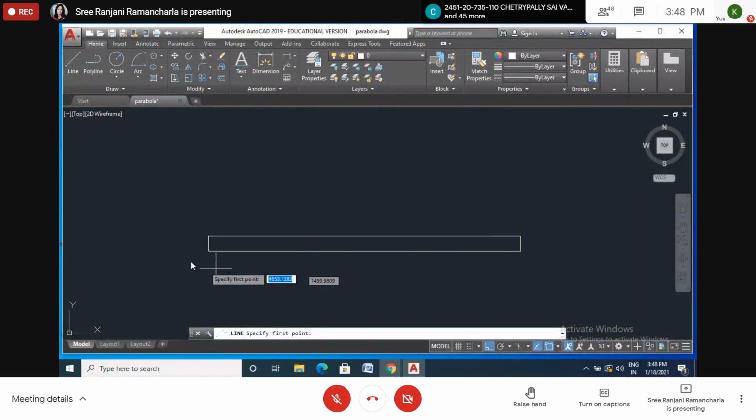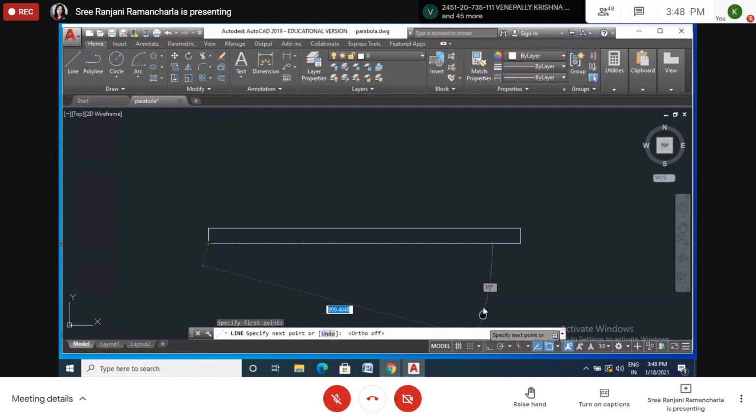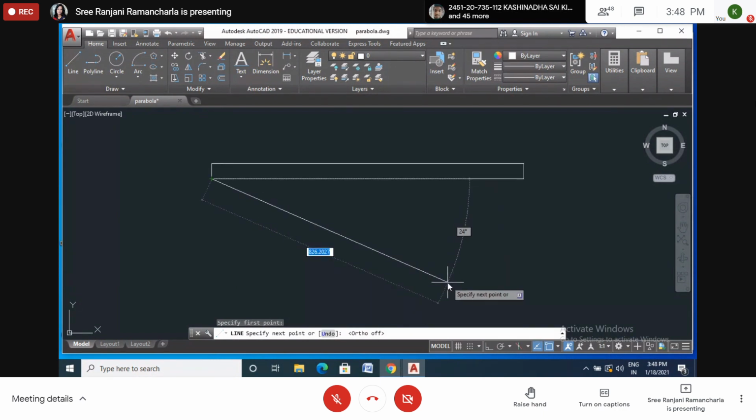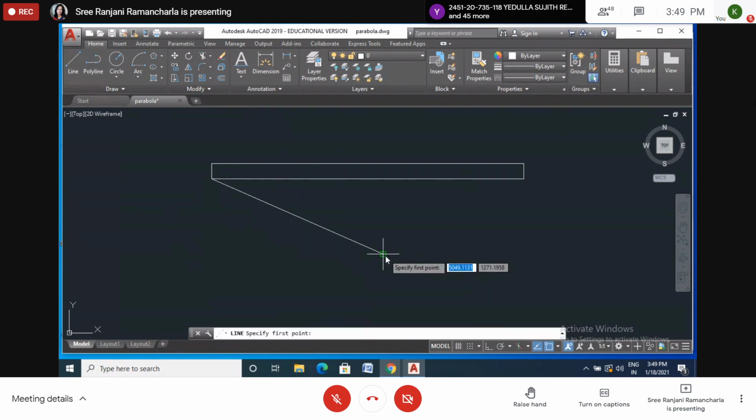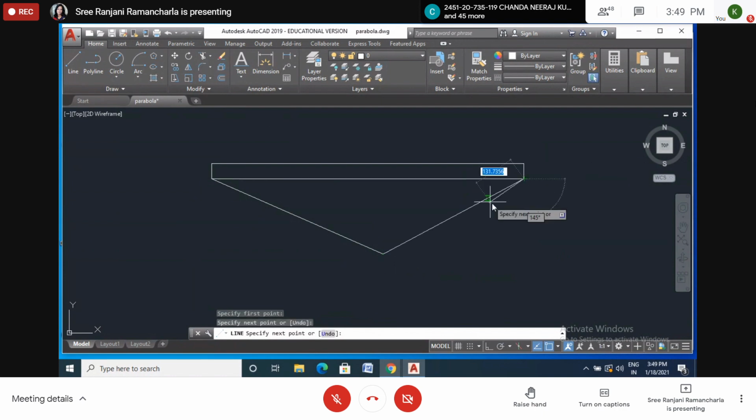So again, you have to go by this method, drawing an inclined line of 6 centimeters. Take some angle like this, 6 centimeters, and join the last point. Mark each centimeter, making 6 parts of 1 centimeter.